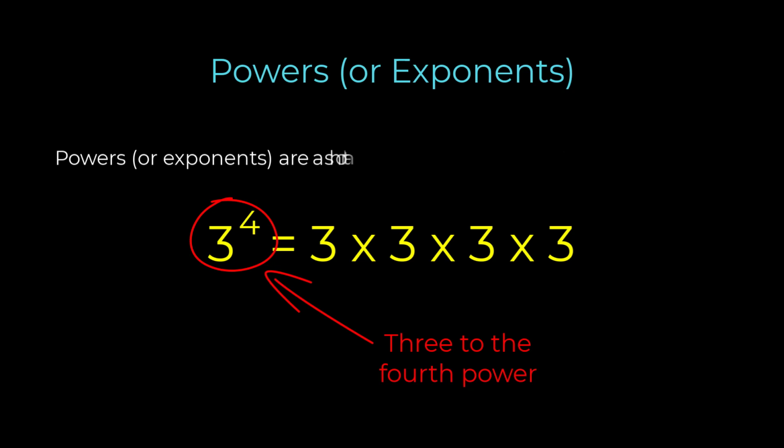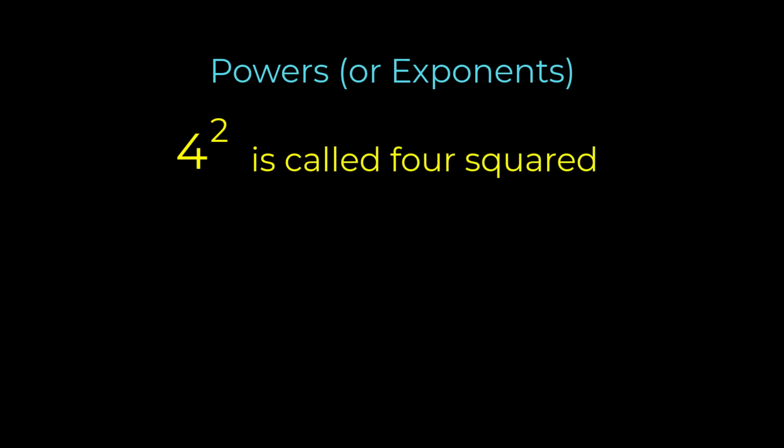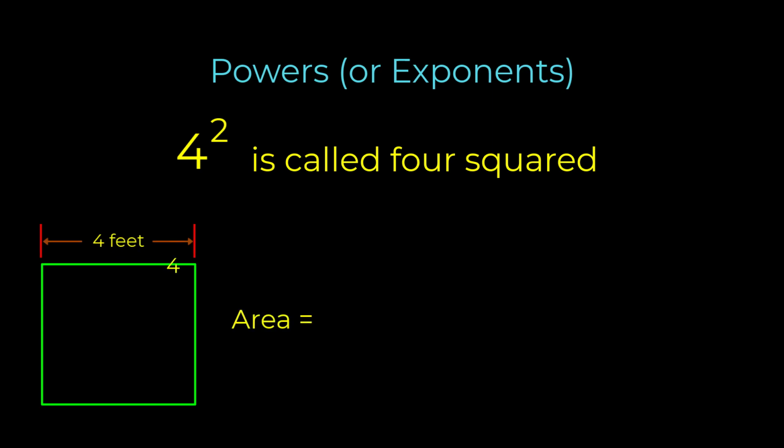We use a special terminology when the exponent is 2 or 3. If it is a 2, then we would use this notation, and we would say that it is 4 squared. This is because the area of a square is found by multiplying the length of one side by itself. So the area of a square, which is 4 feet on one side, is 4 times 4, or 4 squared, or 16 square feet.